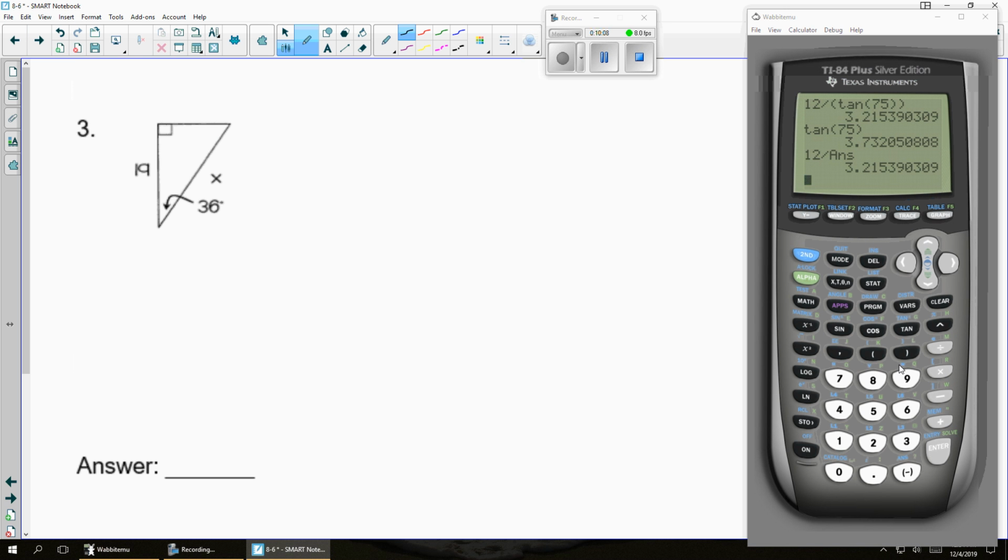Number 3, same routine. This is the hypotenuse. Based on this angle, this is the opposite side. This is the adjacent side. So the parts I have are the adjacent and the hypotenuse. The adjacent and the hypotenuse, if you were looking at your little acronym, go with the cosine.